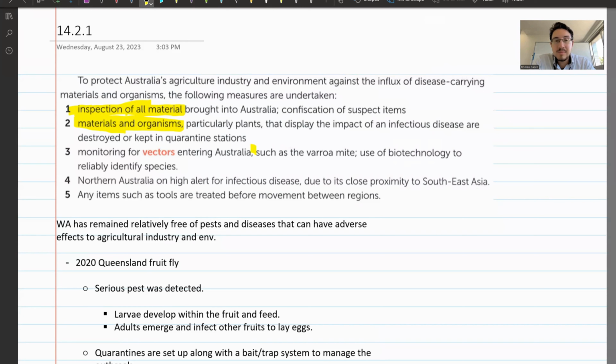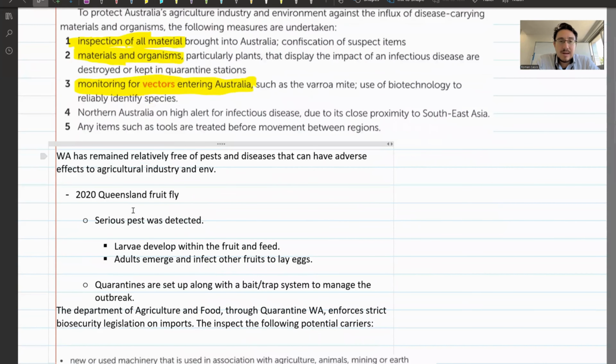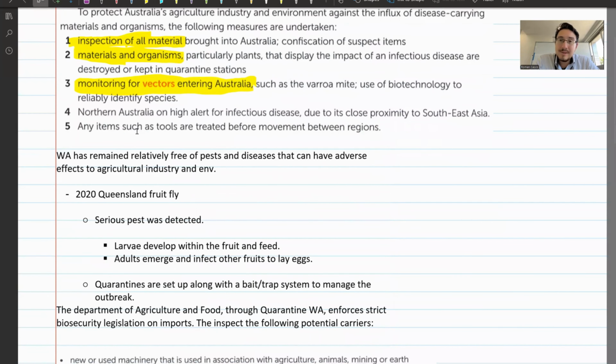If you guys remember the varroa mite of the bee diseases, right? That is a vector, right? Very, very important to be seen or to be detected, right? You want to eliminate any type of pest coming into the country, right? And so forth and so forth. And even tools, right?